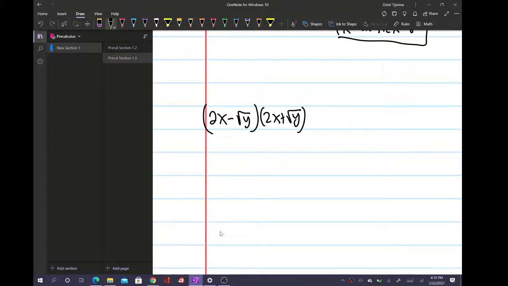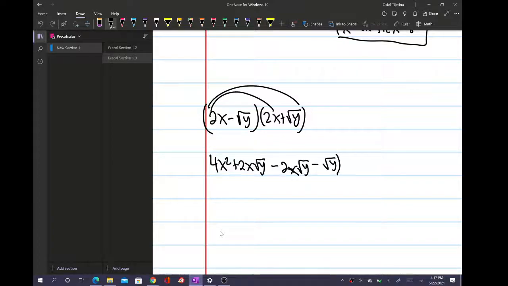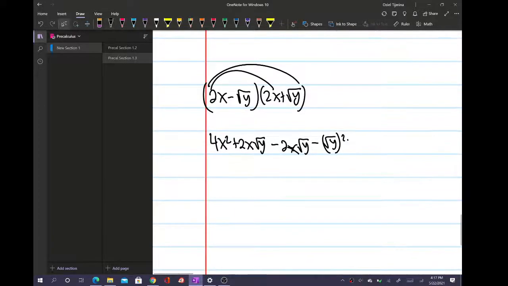This is 4x squared plus 2x square root y, and then minus 2x square root y minus the square root of y quantity squared, right? So it's 4x squared, and then these two cancel out, and the square root of y quantity squared is just minus y, right?